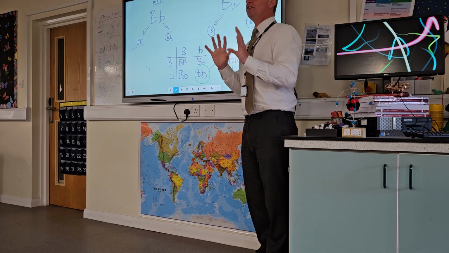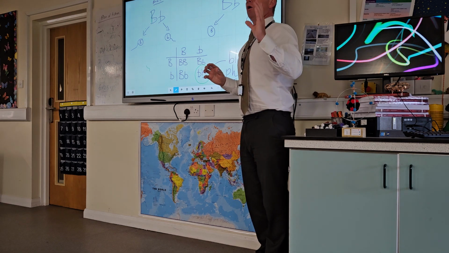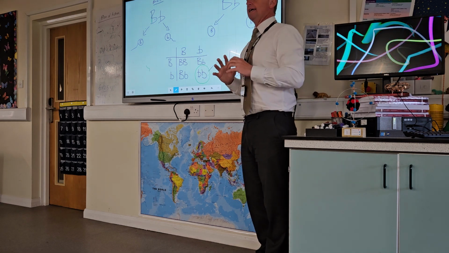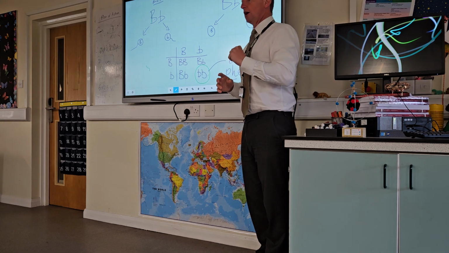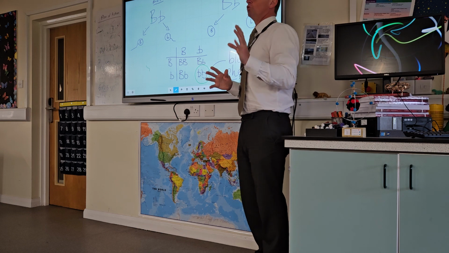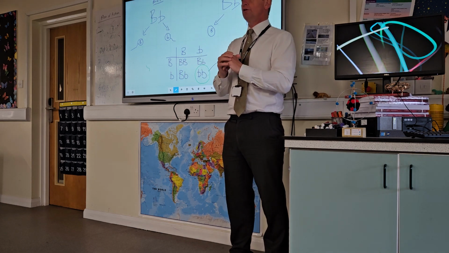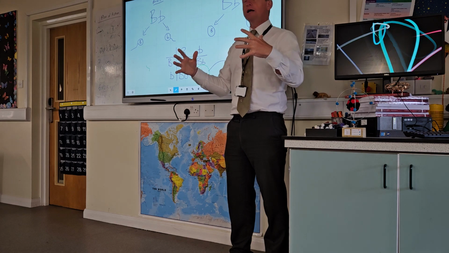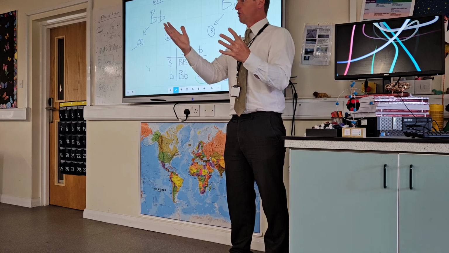So whatever our DNA, let's say that there's big T and small t for tongue roll. Whatever our DNA is in all of us, apart from Callum, Callum's genotype is, let's say, small t, small t, his phenotype is no tongue roll. Our genotype could be big T, small t, or big T, big T, if tongue rolling is dominant.